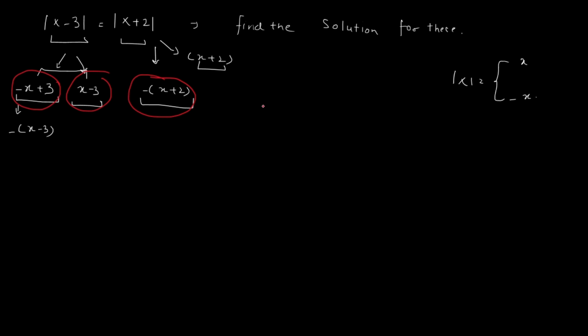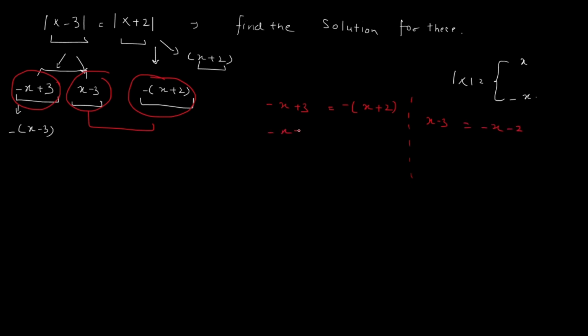So here we go, minus x plus 3 equals minus x plus 2, right? And equate these two: x minus 3 equals minus x minus 2.